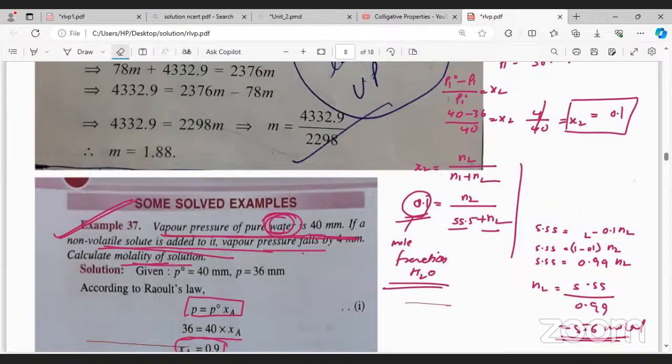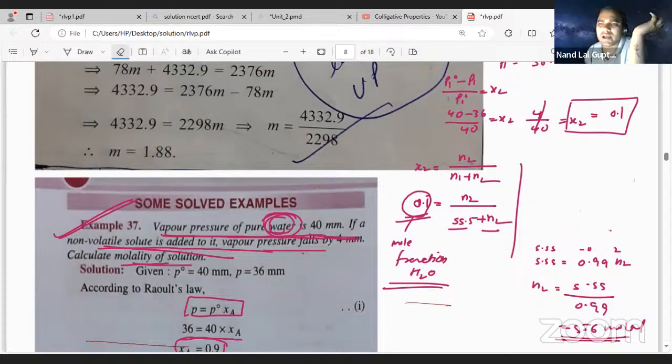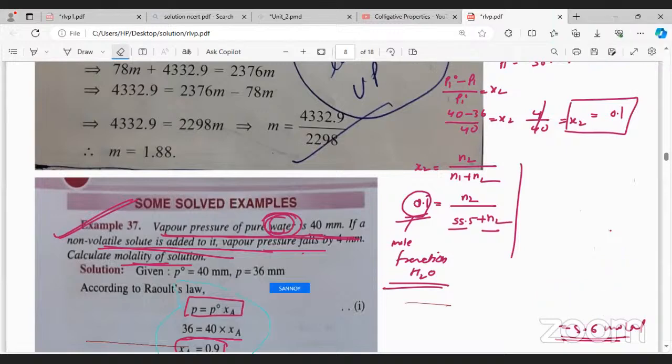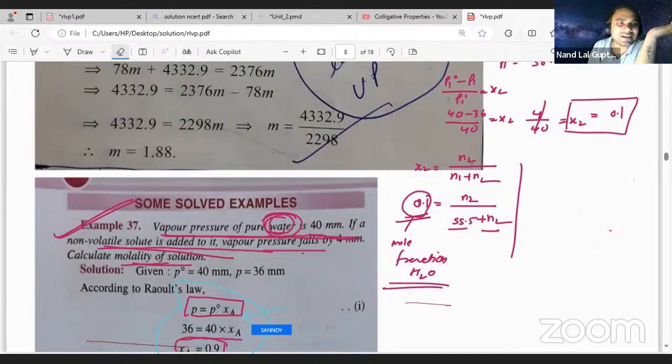Sir, we can easily find out molality from this method. Actually, what is molality? Molality is moles of solute per kg of solvent. The fraction we got is the mole fraction of water. What is required is the mole fraction of solute.